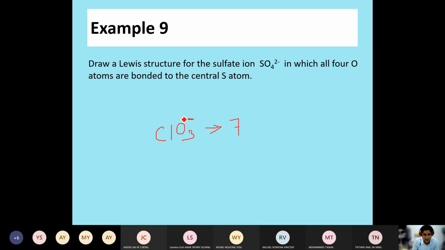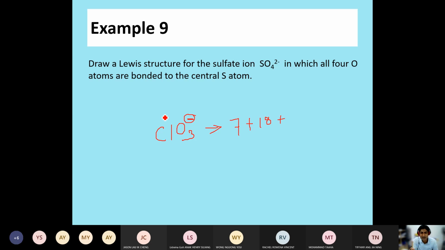Chlorine has 7 electrons at the outer valence shell. Three oxygens, each of them has 6 electrons. So altogether 3 times 6 is 18, plus, since it is having one negative charge, it means it has one extra electron.